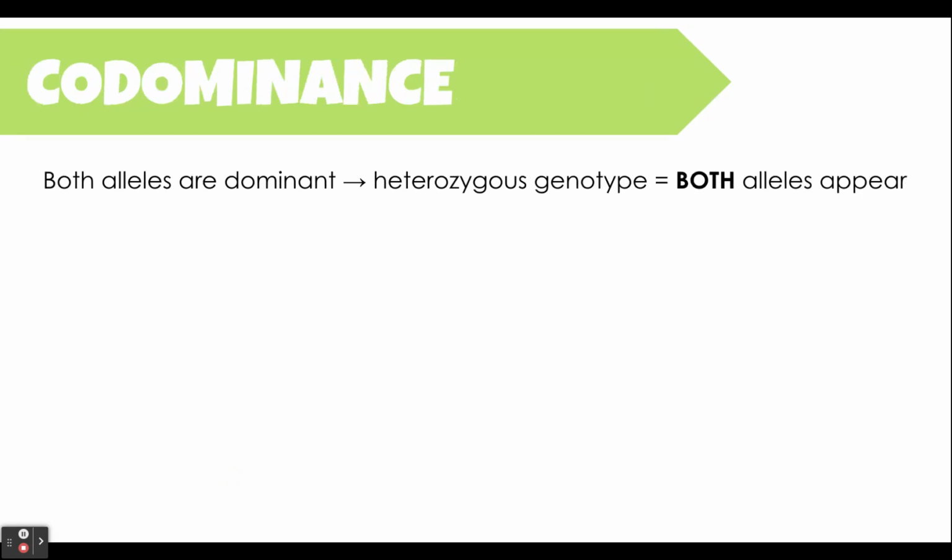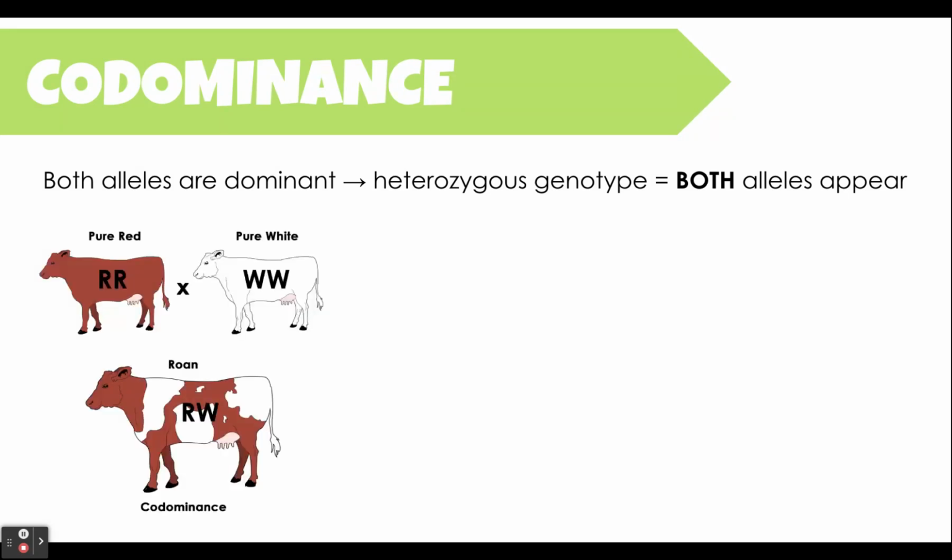The next type of complex inheritance pattern is codominance. In this case, both alleles are actually dominant. So when you have the heterozygous genotype, both alleles are going to show up because neither allele is dominant over the other. Here's an example in cattle. You can have a pure red cow that is big R, big R. The white phenotype here is big W, big W. Here we're definitely going to use two different letters because they're both dominant.